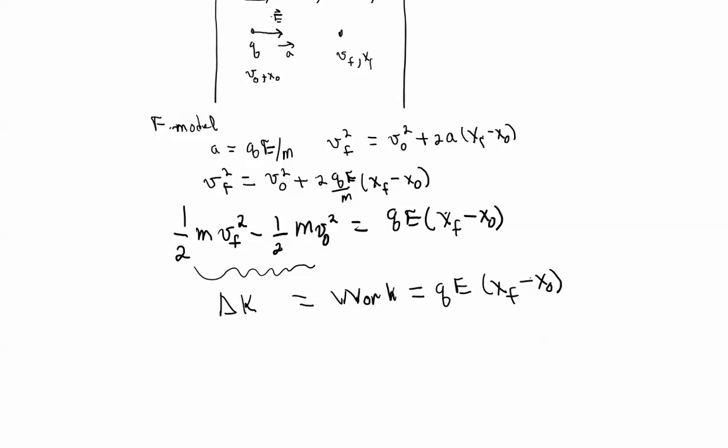And if you recall from our discussion of energy, this work done by the electric field will be defined to be the change in the electric potential energy of the system consisting of the test charge and the electric field.